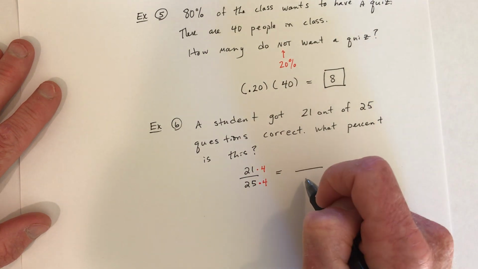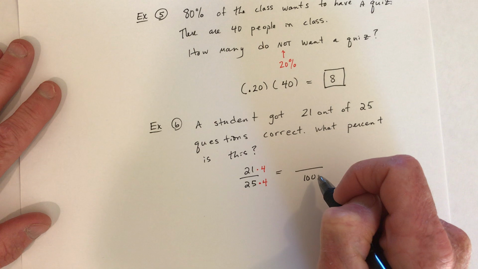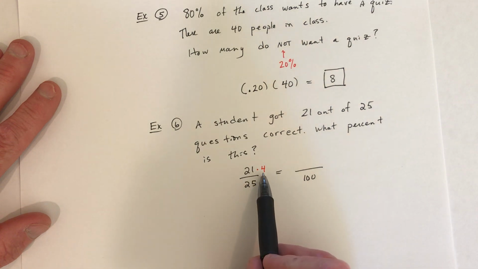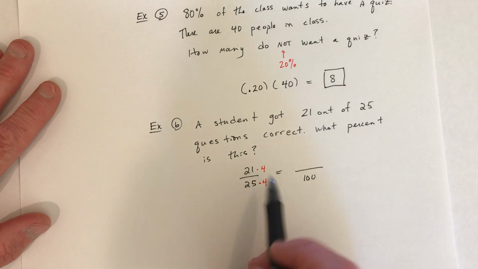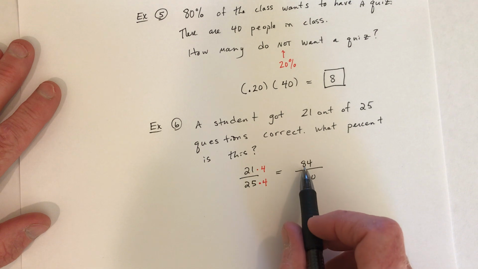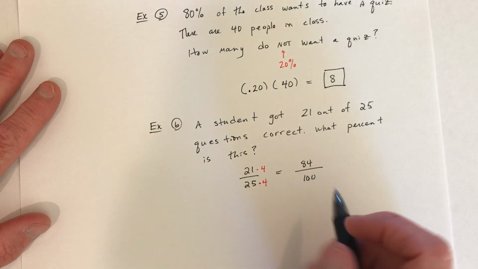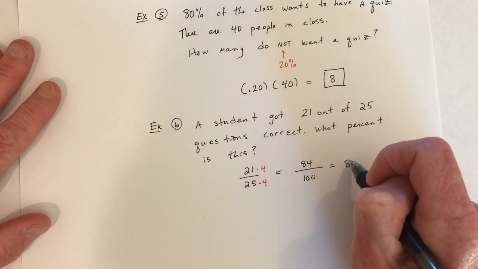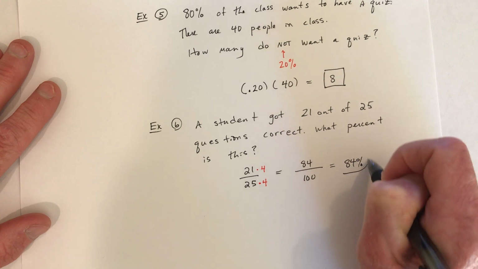So on the bottom, 25 times 4, that's going to be 100. And then 4 times 2 is 8, and 4 times 1 is 4, so it's 84. And then that is literally 84 per 100, so that is 84%. A middle B.